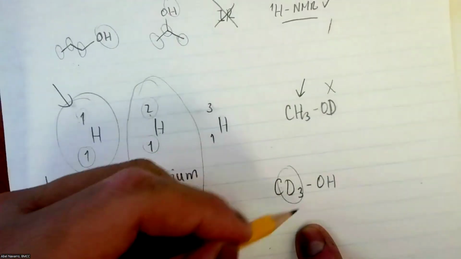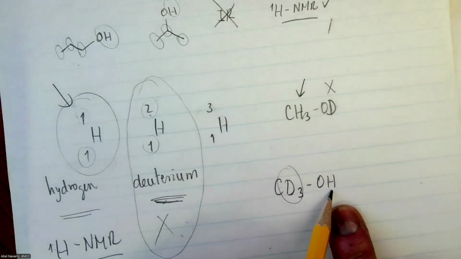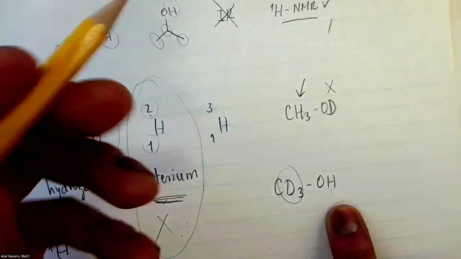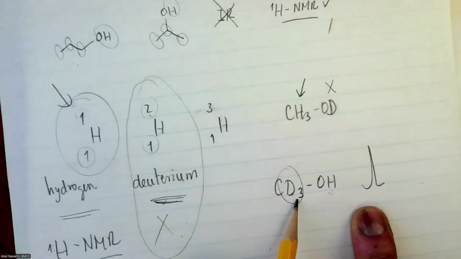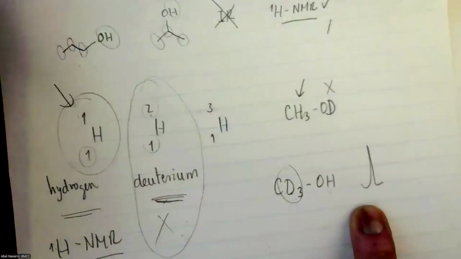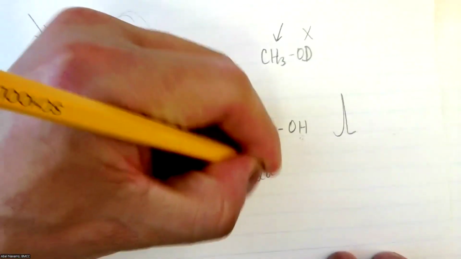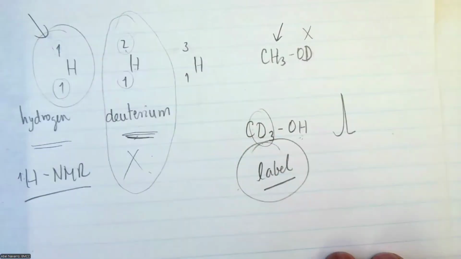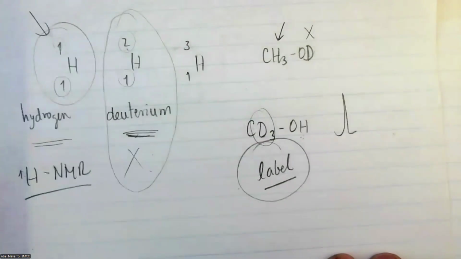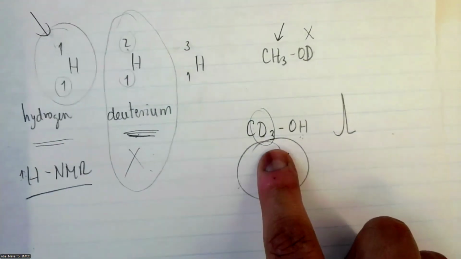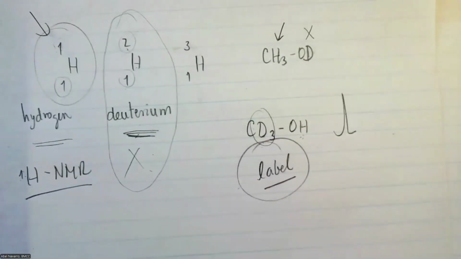You replace one with deuterium and the other one is not deuterated. So in your signal, you will see the peak for the OH and not the one for the CH3. That process is called labeling. You label a molecule with a particular isotope. You enrich the molecule with a silent or purposely visible isotope.